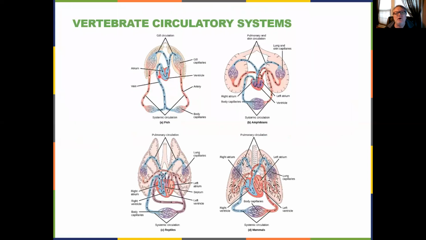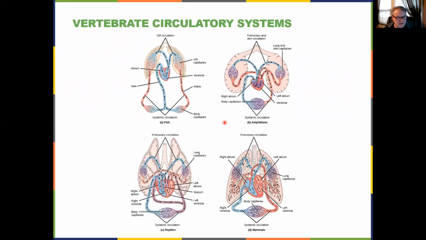So within the closed circulatory systems of vertebrates, we actually have several types. One type is typical of a fish, and we'll explore each of these in detail. But this is a figure from your textbook showing the difference between a fish, an amphibian, a reptile, and a mammal.